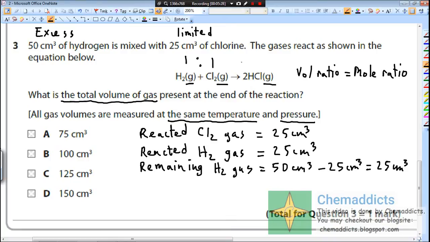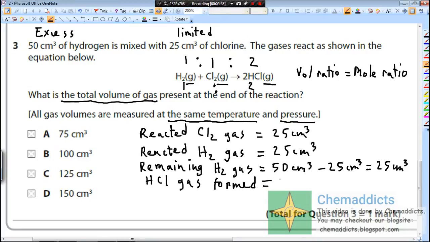The mole ratio of hydrogen gas to hydrogen chloride gas is 1:2, so it will form twice the amount of hydrogen gas reacted.